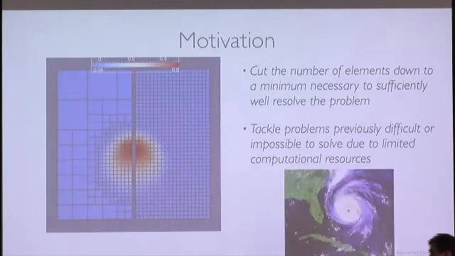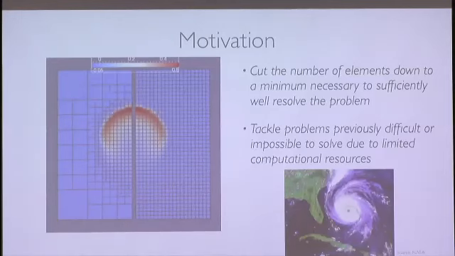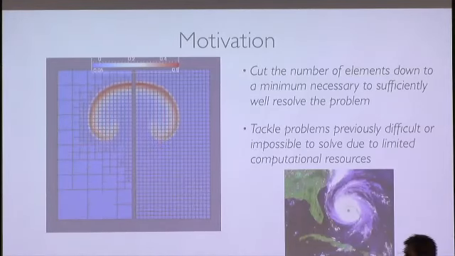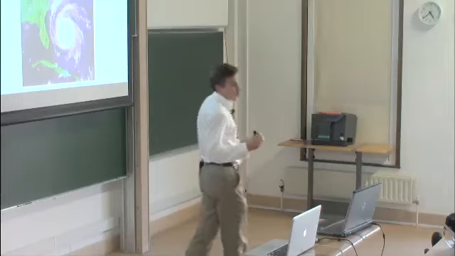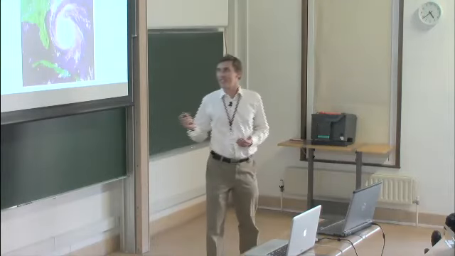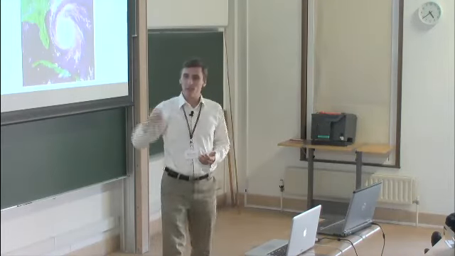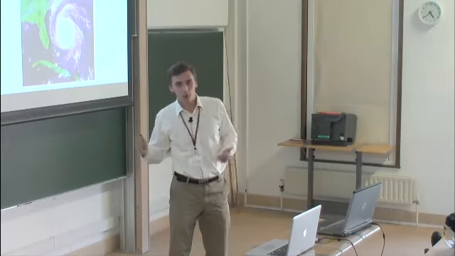Now the motivation for that. On the left you see the rising thermal bubble problem, which you have seen today in Andreas' talk. And the right panel is the fully refined simulation. The left panel is where our AMR kicked in, and our goal was to bring down the number of elements so that we can pay a little price, or no price if possible, in accuracy, but still resolve this feature well, or any feature we would probably like.